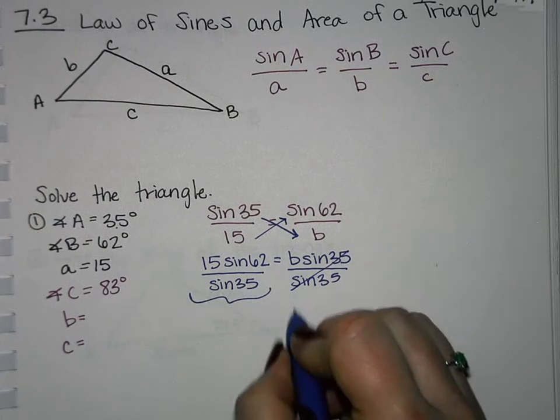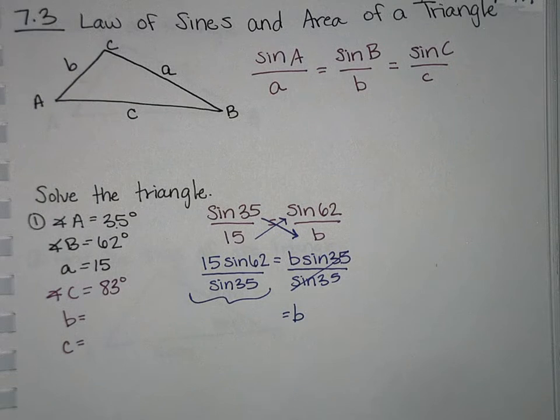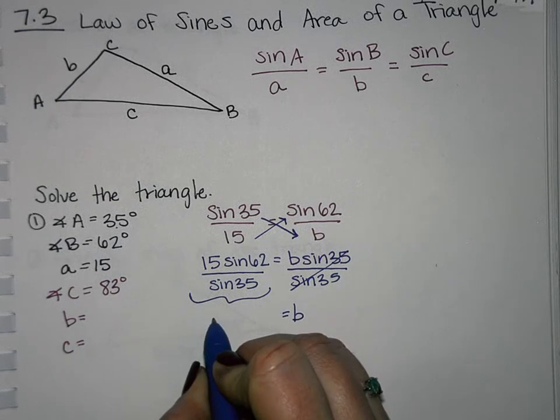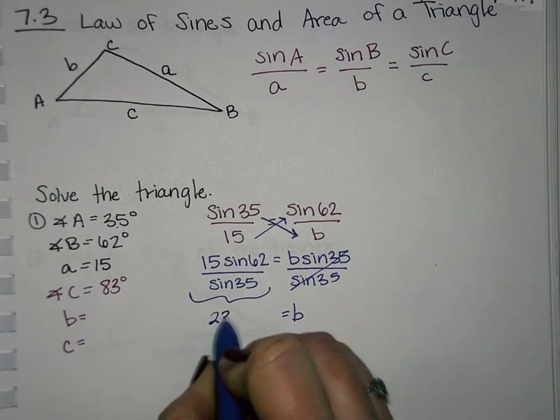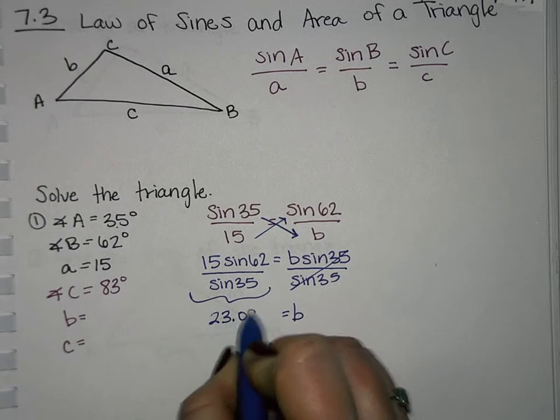When you go to plug this into your calculator, you want to be very careful about putting the numerator in parentheses divided by your denominator in parentheses, because if those are off, then it's not going to divide correctly. So I would type in parentheses, 15 sine 62, and you're going to have to end with a double parentheses, one to close your sine, one to close your numerator. Then hit divided by sine 35. You should be coming out with 23.091.